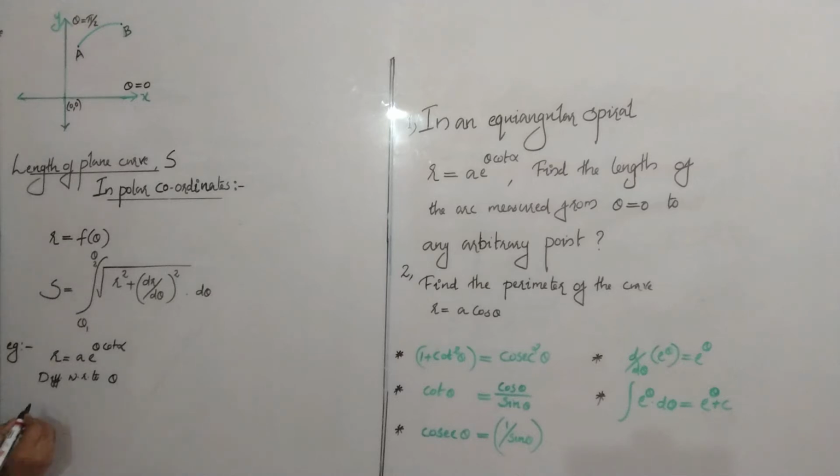Then we get dr by d theta is equal to a into d by d theta of e raised to theta into cot alpha. Here a is a constant.